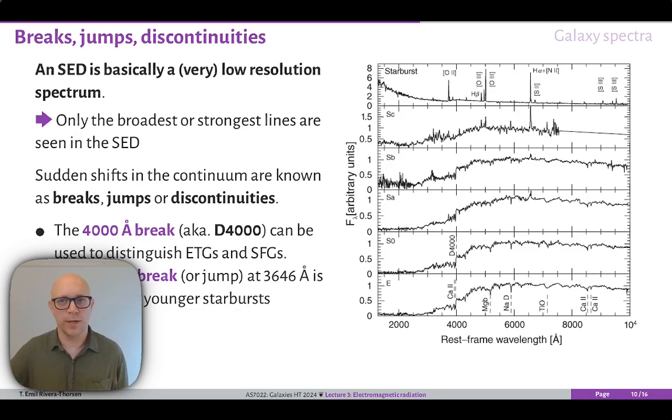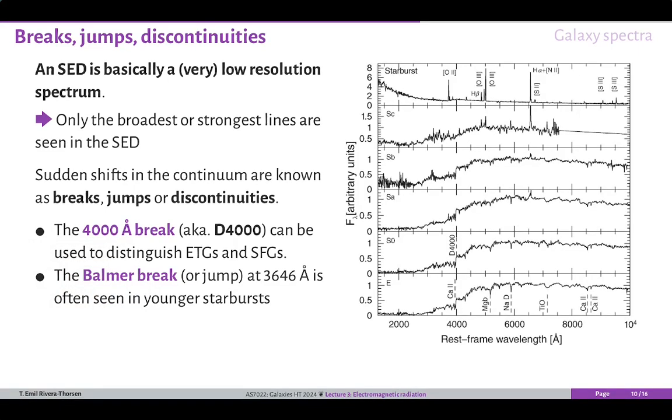Interestingly, though, in star-forming galaxies, the Balmer break can become a Balmer jump if the ionizing radiation from the stars is strong enough to ionize the interstellar gas strongly enough. Then the continuum emission from this gas can become so strong that it will lead to a jump rather than a break around the Balmer lines, or the Balmer limit. This is something we will look into a little more at a later point. I just realized you could not see the last part here, but we have the 4000 angstrom break, as I said, and the Balmer break.